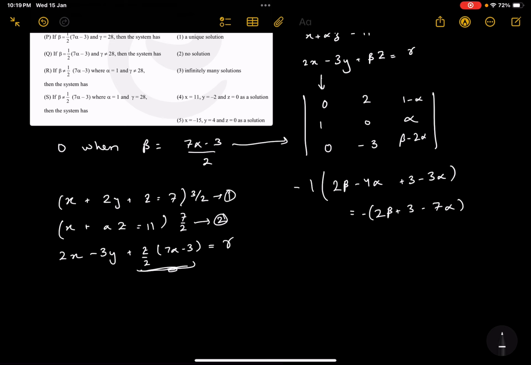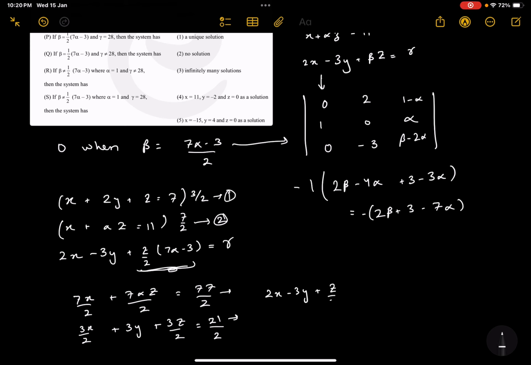So the second equation will become 7x by 2 plus 7 alpha z by 2 equals 77 by 2. The first equation becomes 3x by 2 plus 3y plus 3z by 2. So this equation minus this equation becomes 2x minus 3y plus z upon 2 into 7 alpha minus 3 equals 77 minus 21 by 2, which is 28.